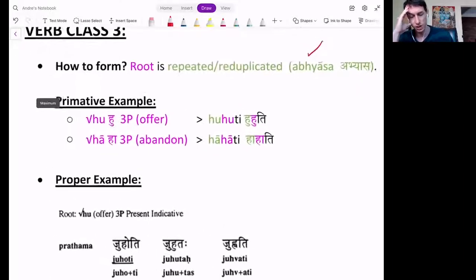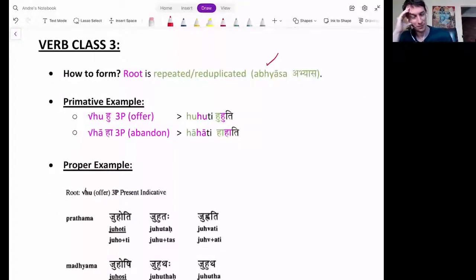Let's look at a primitive example. Not an actual one, but a primitive example. Let's say hu. Right, that's class 3. Offer, so he offers. So you just double it. Hu, and then the declension. Hu, ti. How about ha?